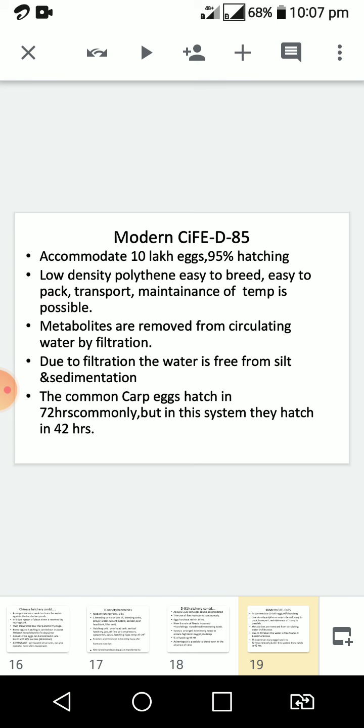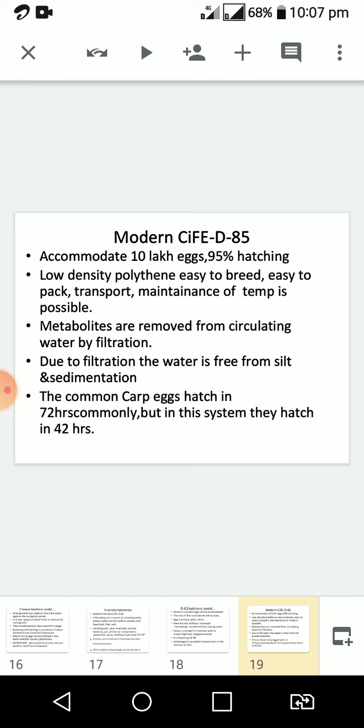The maintenance of temperature is also possible in this hatchery, and the metabolites are removed from the circulating water by filtration, and due to the filtration the water is free from silt and sedimentation.